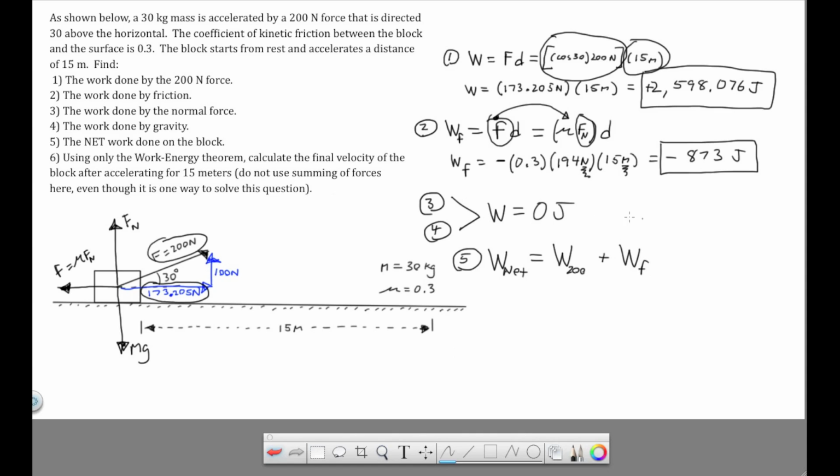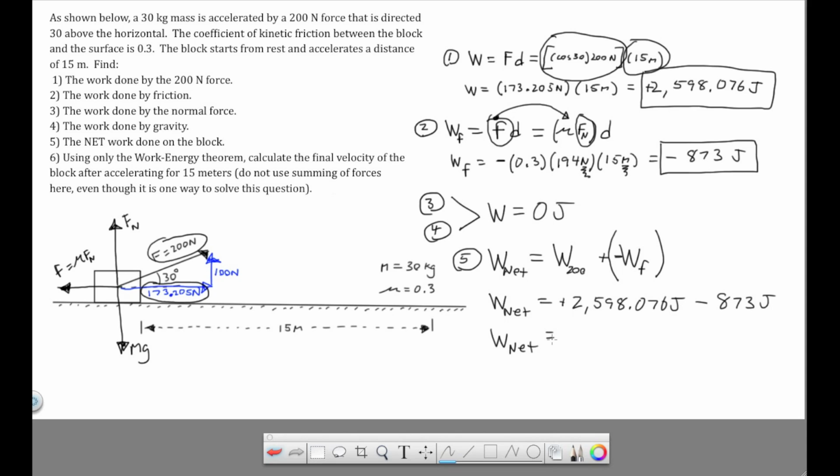But the thing we have to remember here is that the work done by friction was negative. So what this looks like is work net equals, so the work done by the 200 Newton force was positive 2,598.076, and then friction is negative, so that's minus 873 because friction is opposite motion.